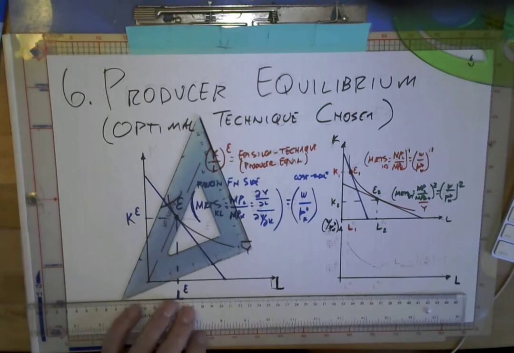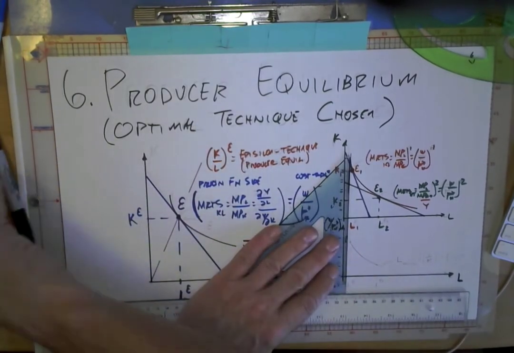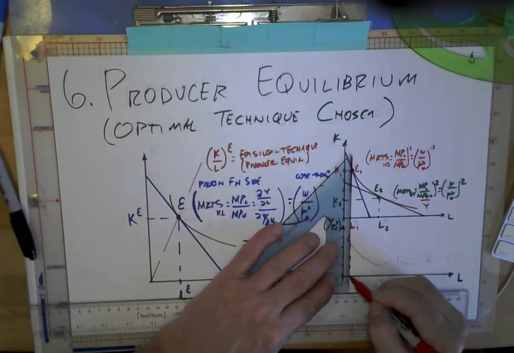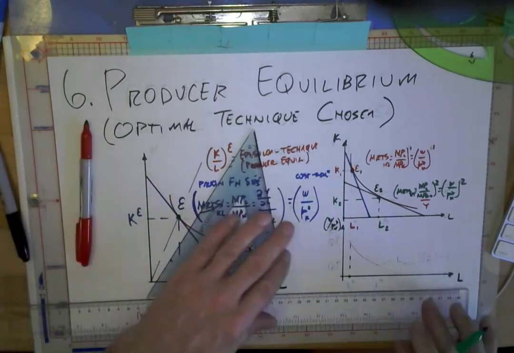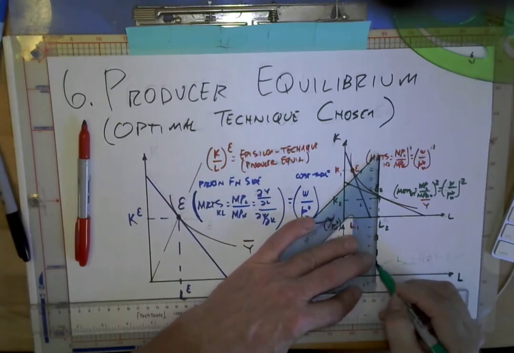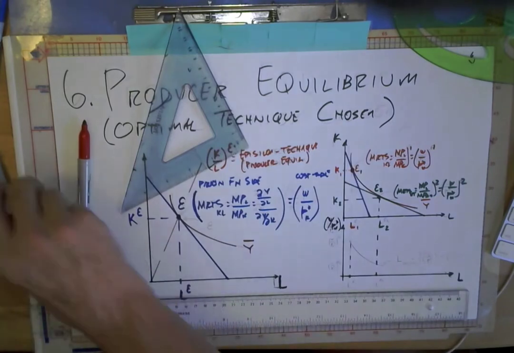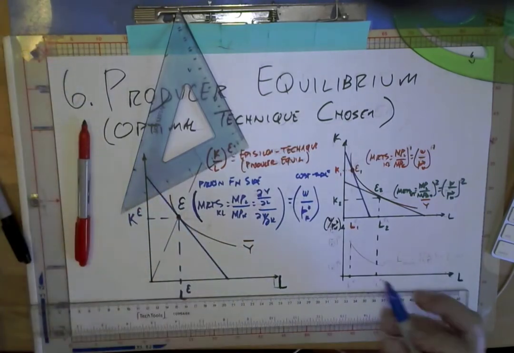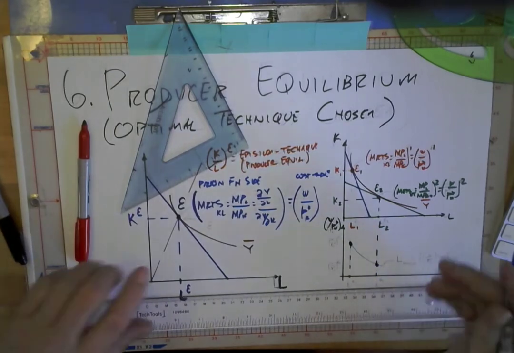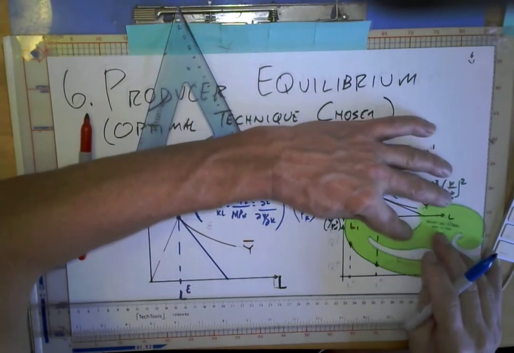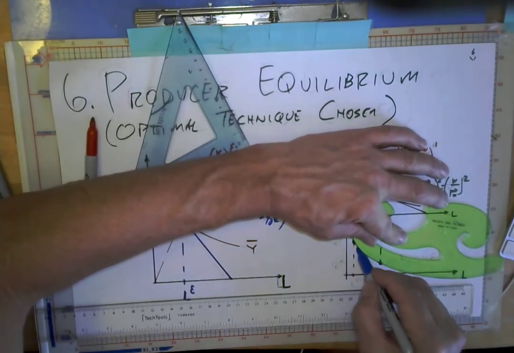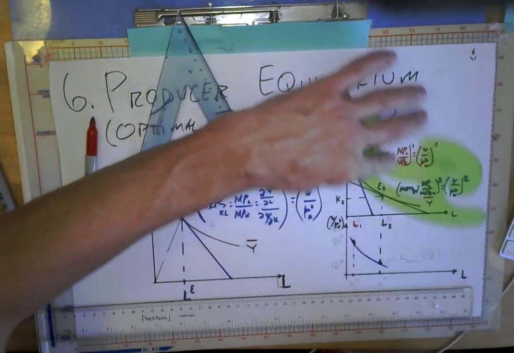As the wages are higher, the quantity of labor is lower, and as the wages are lower, the quantity of labor is higher. So you can draw your labor demand function here.